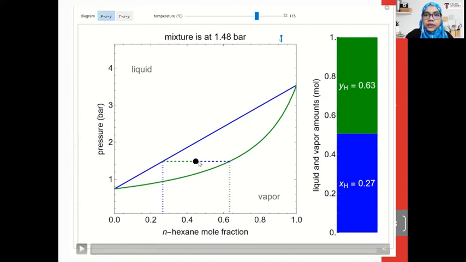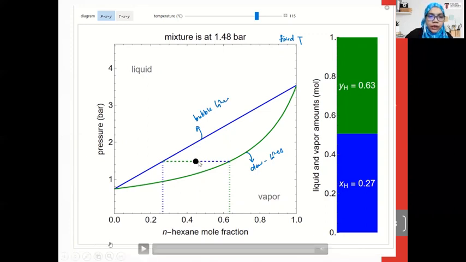So opposite from the previous diagram, at high pressure we have the liquid phase, and at lower pressure the vapor phase. The green line here is the dew line, and we have a bubble line. Let's take a look at this. We have an initial overall composition of 0.4.